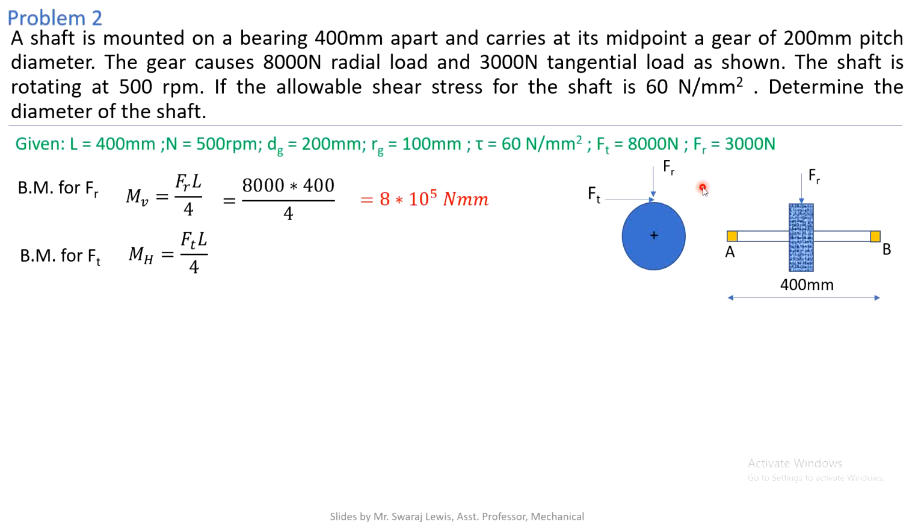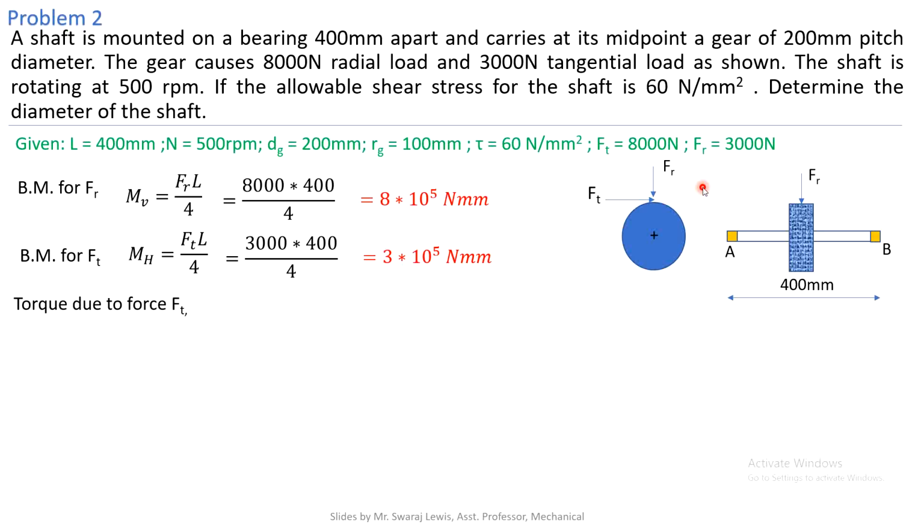Since the load is exactly at the center, the maximum bending moment is always at the center. So again substituting, Ft into L by 4. When going for a horizontal load, you have to neglect the vertical load. When you are going for a vertical load, you have to neglect the horizontal load. Substituting it, we get the answer 3 into 10 raised to 5 Newton mm.